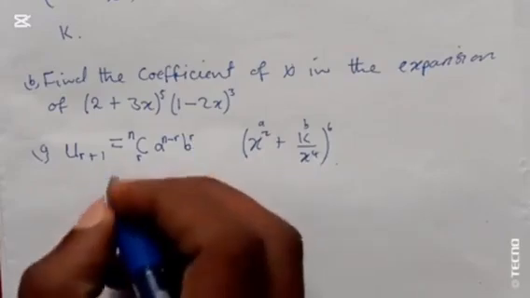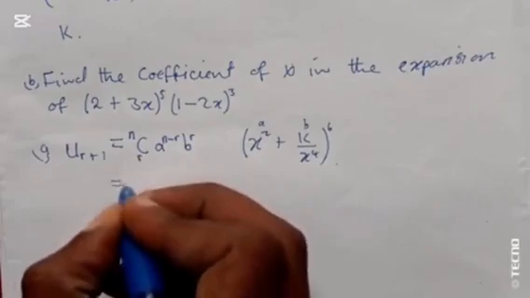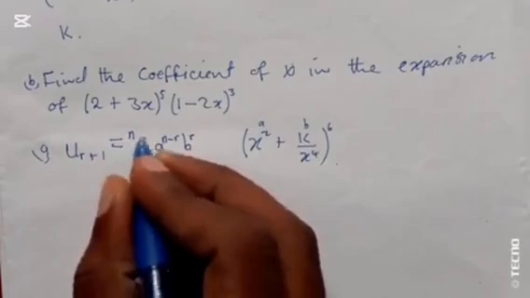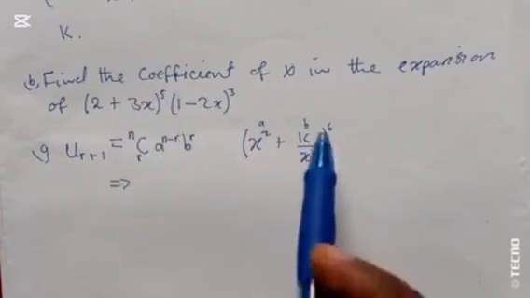So what we'll do here is write this: where there is n, we replace by 6.